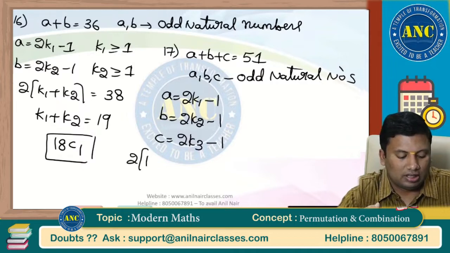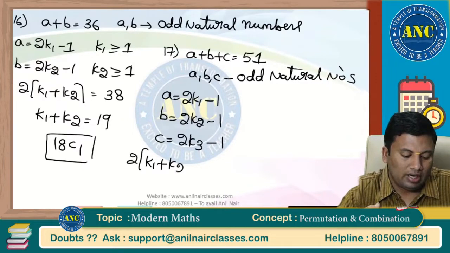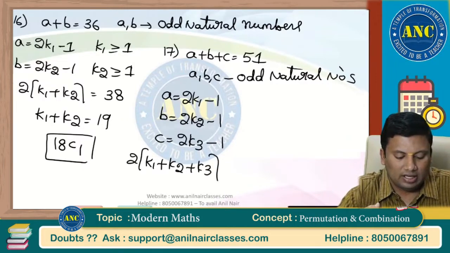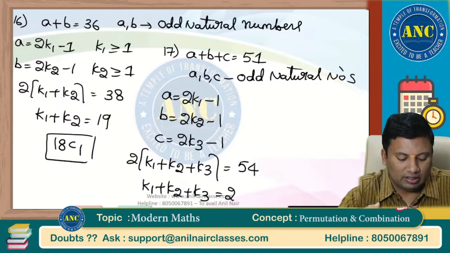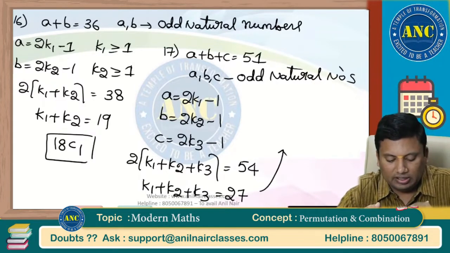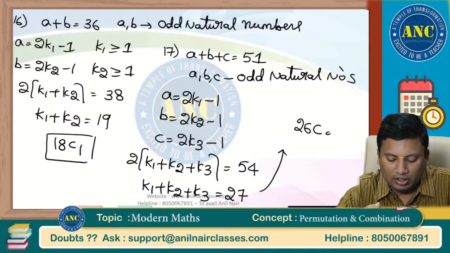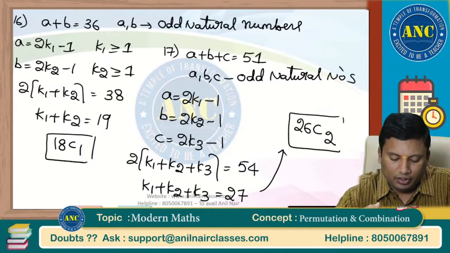So 2 into k1 plus k2 plus k3 minus 3 equivalent to 51, which gives 54. K1 plus k2 plus k3 is nothing but 27. The answer is 26C2.